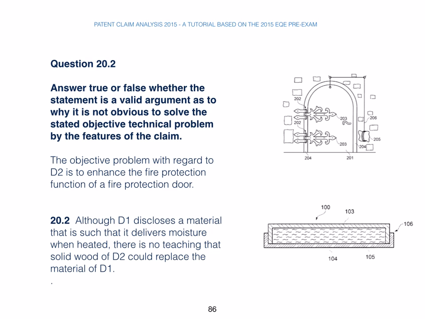Strange that in statement 20.2 the question inverts the normal sequence of problem and solution argument, because D2 is the acknowledged closest prior art and not D1.